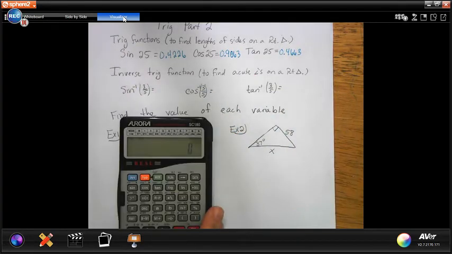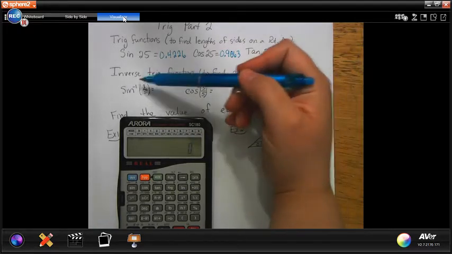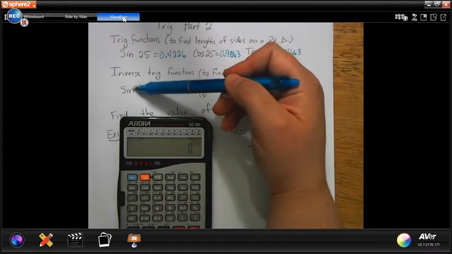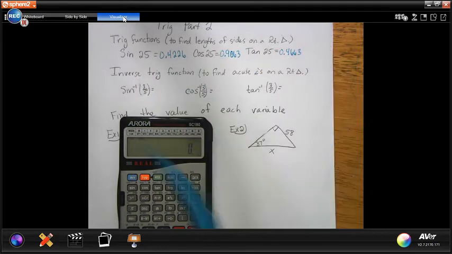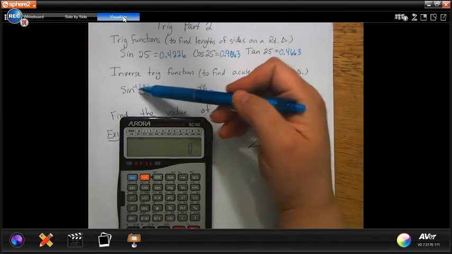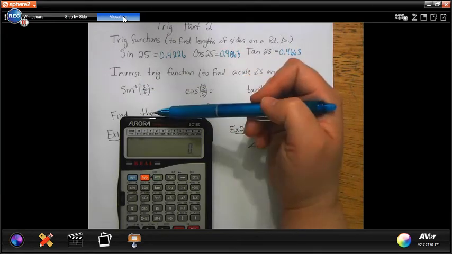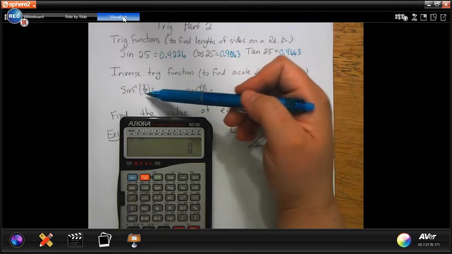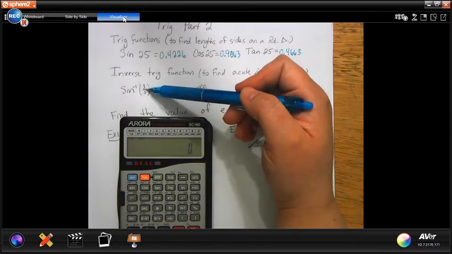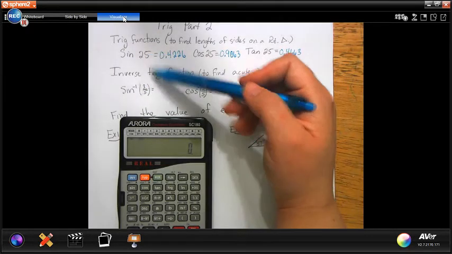Today we're doing inverse trig functions. Inverse uses this little -1, kind of like a reciprocal. Remember, negative exponents flip fractions from when we did the exponent unit. So that -1 here means we're doing the opposite of this.